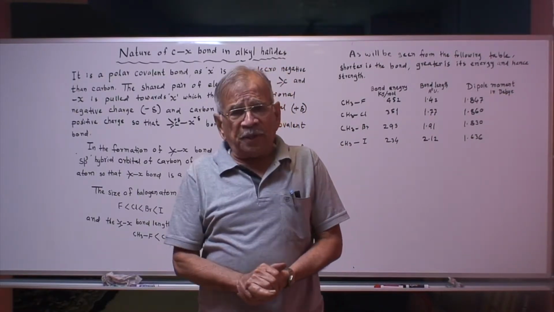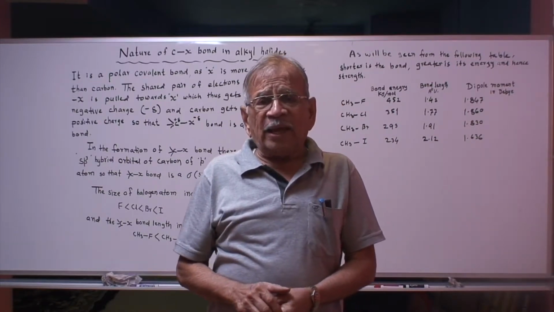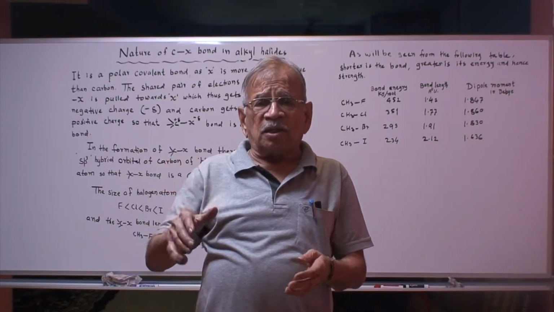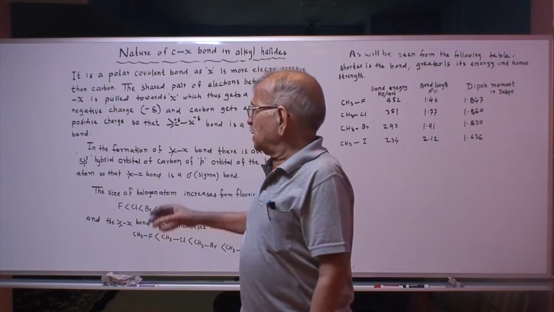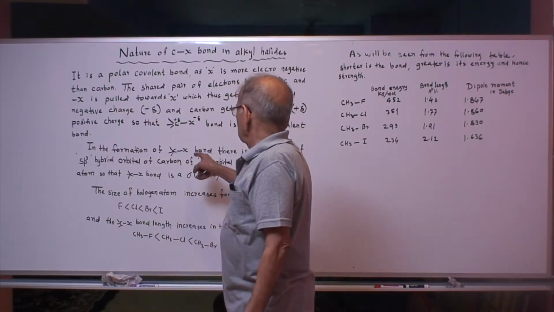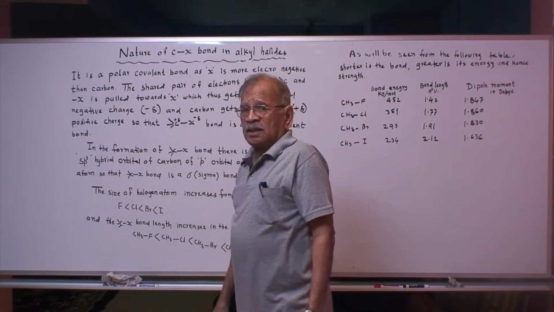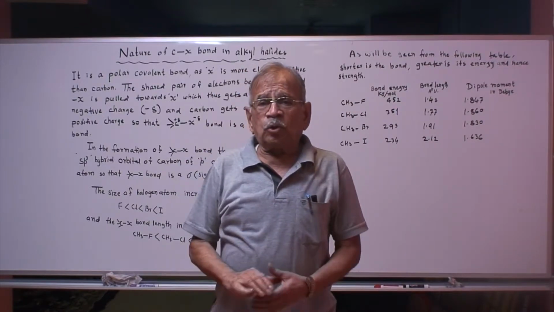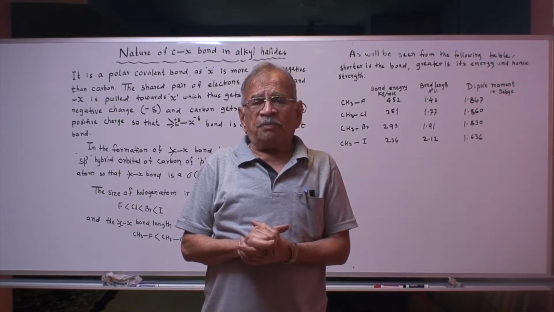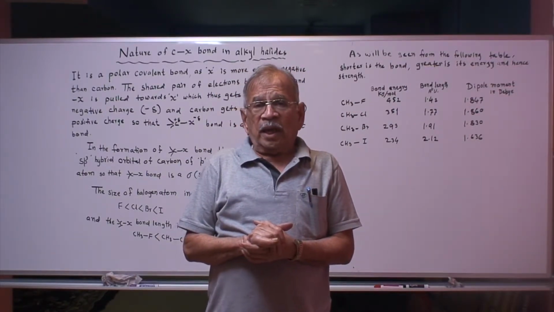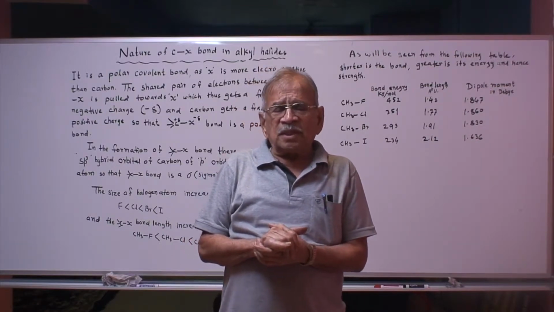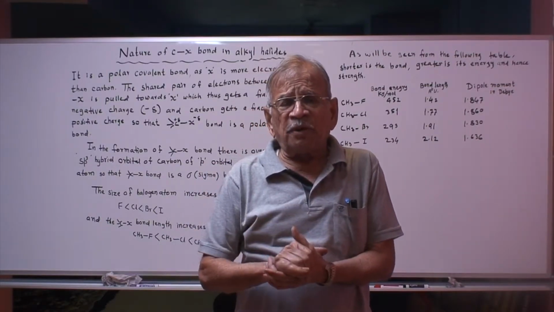and the hybrid orbitals lie along the line joining the center to the corners of a tetrahedron, and then there is overlapping of the dumbbell, that is the 2p orbital of the halogen atom. Thus, how is the CX bond formed?